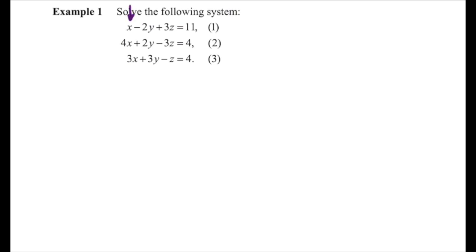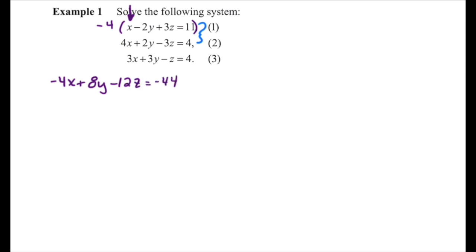So to do that, I'm going to first look at my first 2 equations here. When I want to eliminate, then I know I need to multiply my first equation by not only 4, but a negative 4, such that when I add it to my middle equation, the x variables will disappear. Distributing through, I'll have negative 4x plus 8y minus 12z equals negative 44.